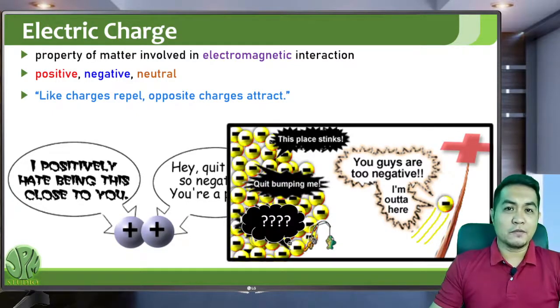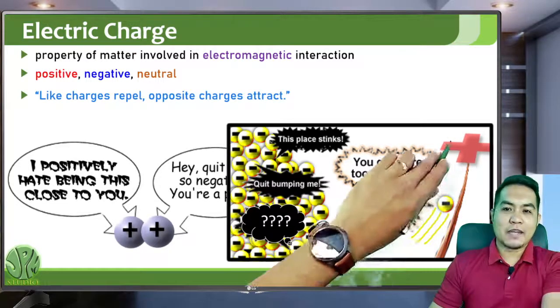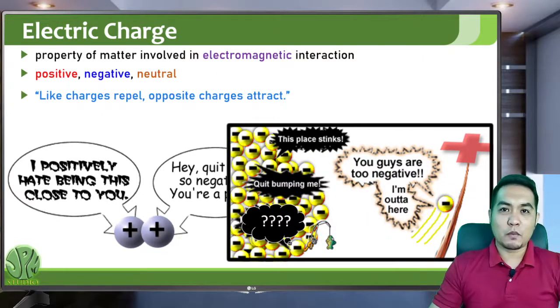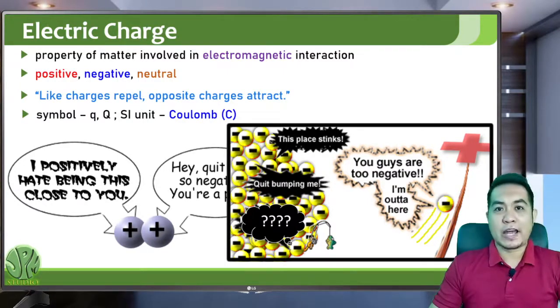If you have two negative charges, they will also repel each other. Only a positive and a negative charge will attract each other. Only opposite charges attract. The symbol for charge is Q, a small q or capital Q, and its SI unit is the Coulomb, named after Charles Coulomb.